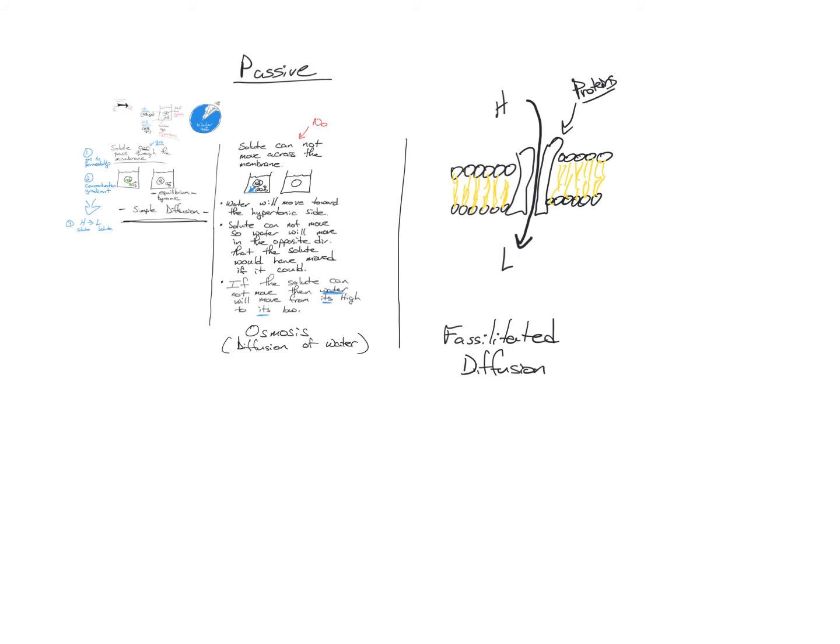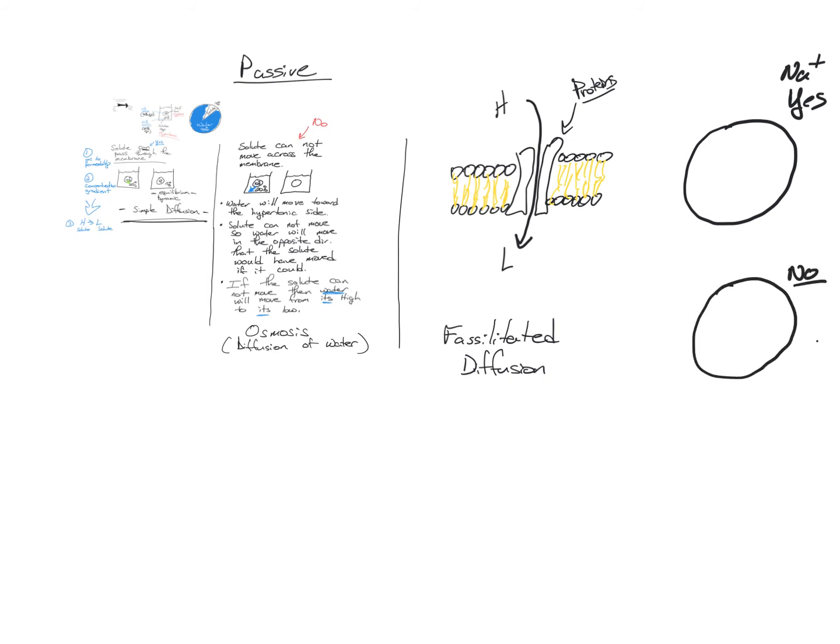How can cells make that decision? How does one cell allow salt through? Na plus does get through. Yes, is the answer for one cell, and another cell says no. And it's the same organism. What does one cell have that the other doesn't?